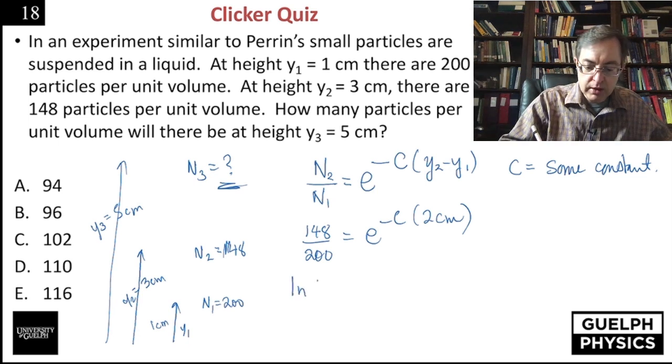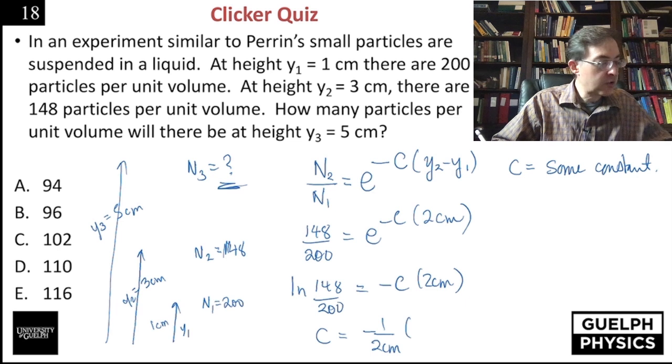So if I take the logarithm of both sides, I get minus c times 2 centimeters. Then I can solve for c equals minus 1 over 2 centimeters times the log of 148 over 200, which is minus 0.301.